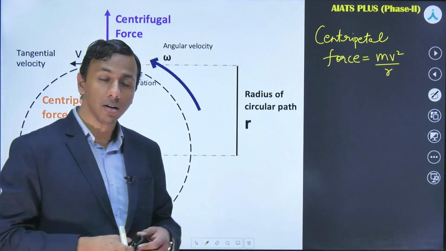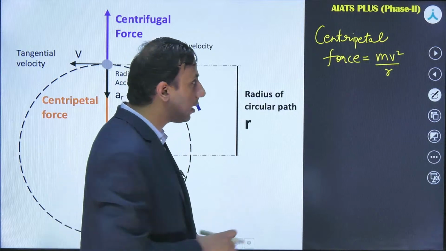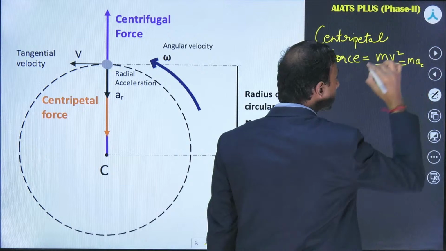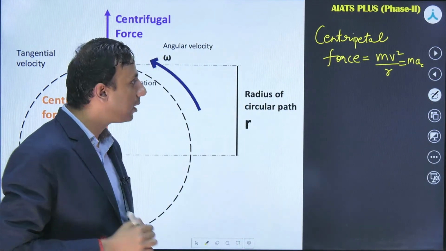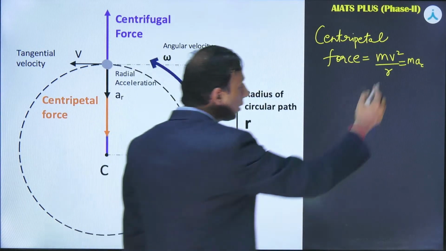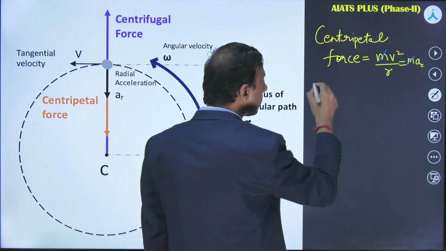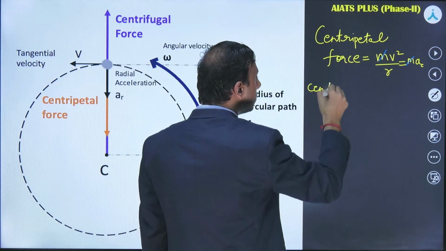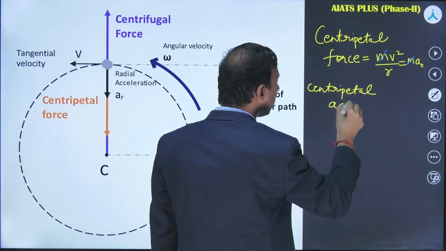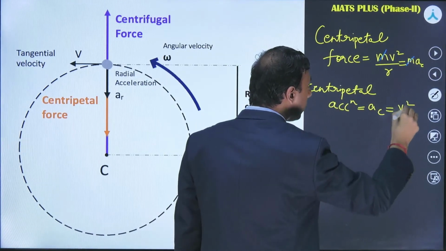Because remember, net force is mass into acceleration. So this force can be written as mass into acceleration, c for centripetal. Now if you see, the m cancels out. So from here, you are getting the centripetal acceleration as well, that is a_c, which is nothing but directly v square by r.